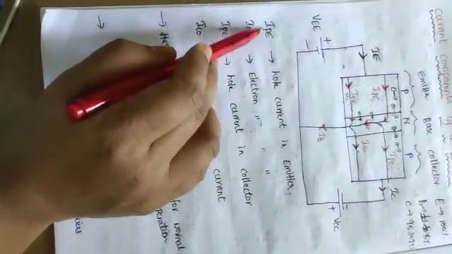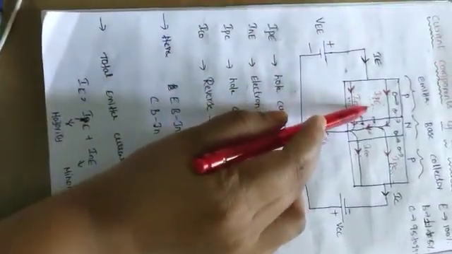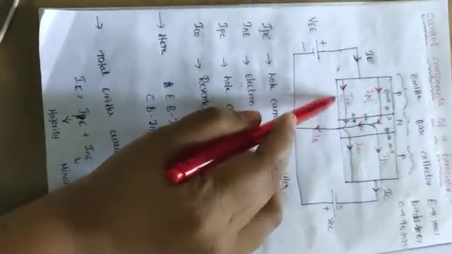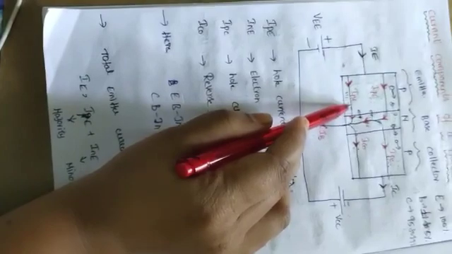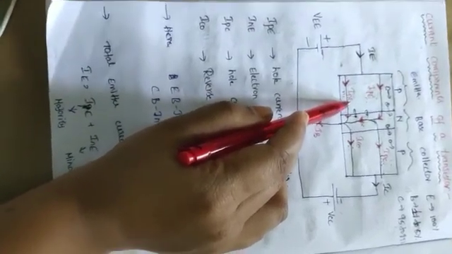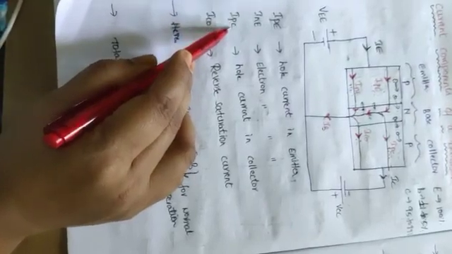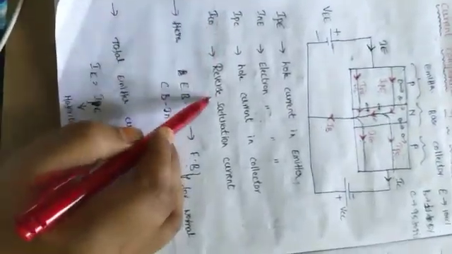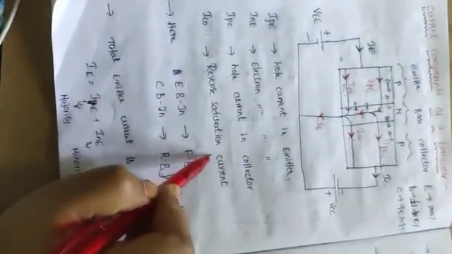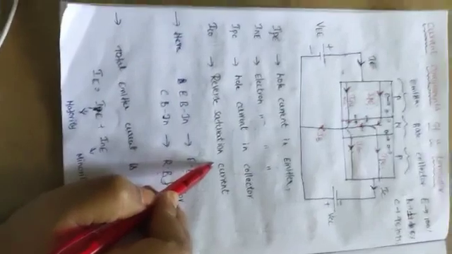So IPE is the hole current in the emitter region, and INE is the electron current in the emitter region. IPC is the hole current in the collector region, and another current is ICO, the reverse saturation current or reverse leakage current.